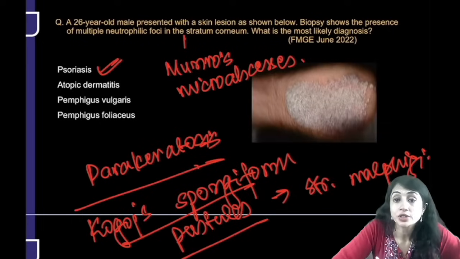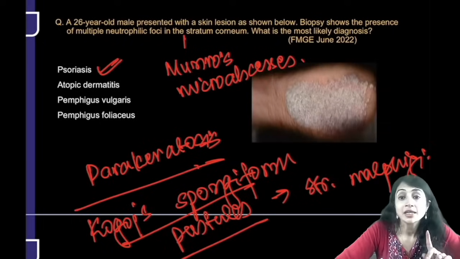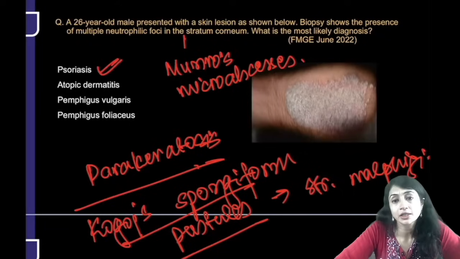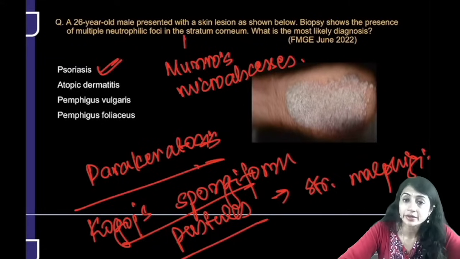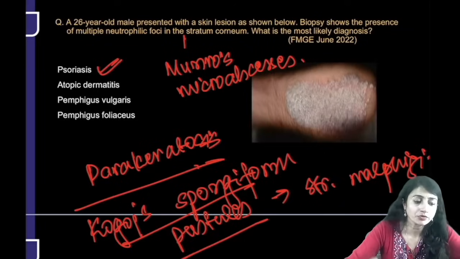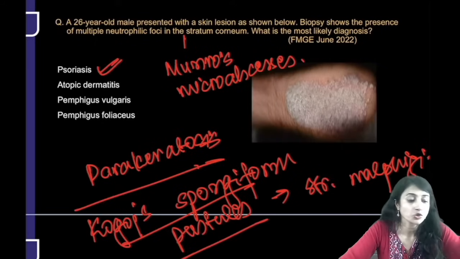And parakeratosis is a very classical histopath feature that you see in psoriasis. Yes, you can see hyperkeratosis. Yes, you see elongated rete ridges which are club shaped, also called camel foot appearance. But these three are the most important features that you should know at this stage.